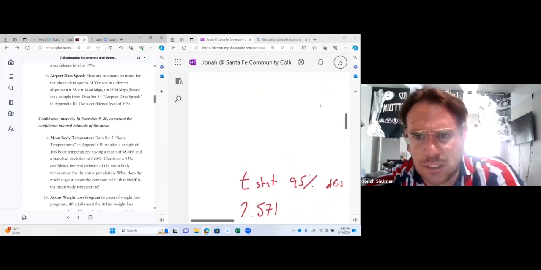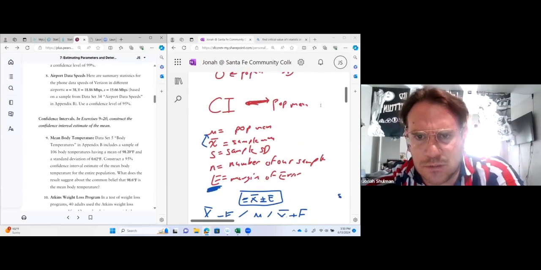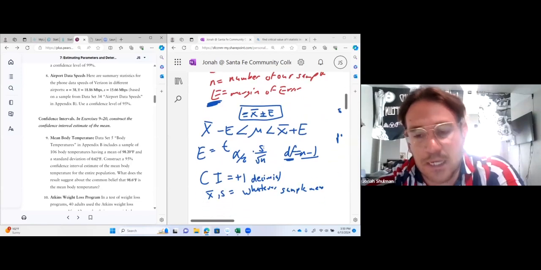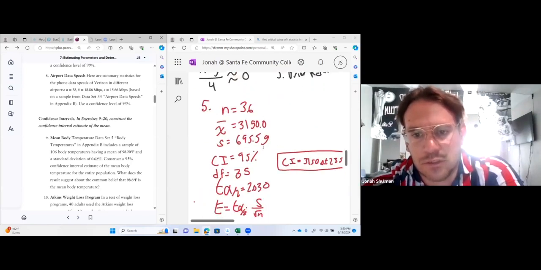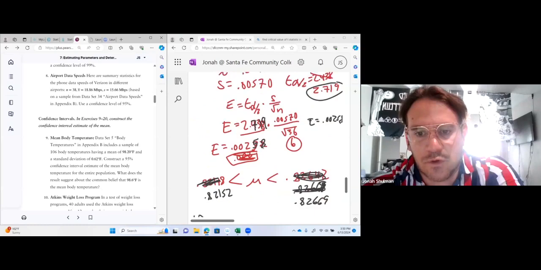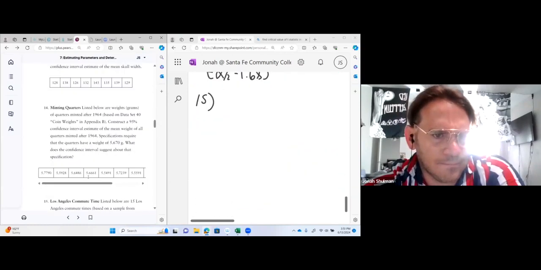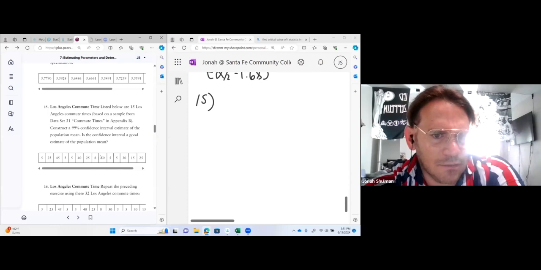Just make sure that's just the little s. Yeah, it is little. I just like to double check that, so make sure it wasn't the population standard deviation for all these. All right, 15. Got some data. So we only have 15 commuted.